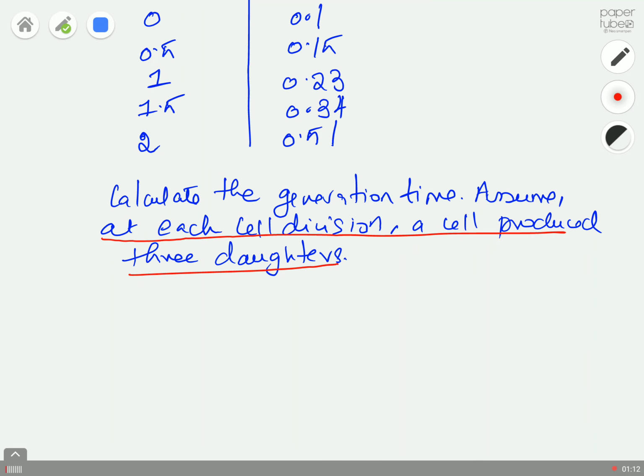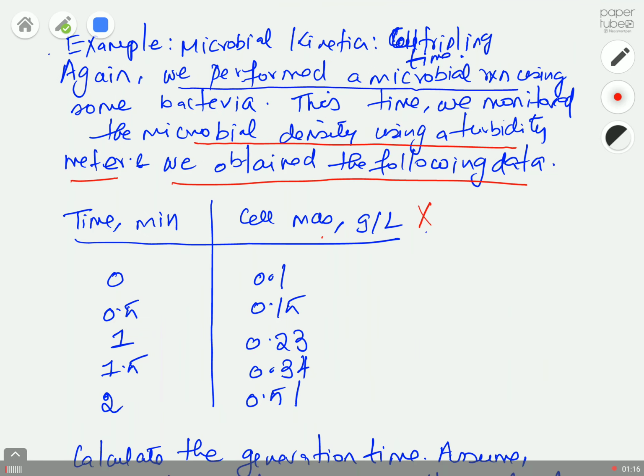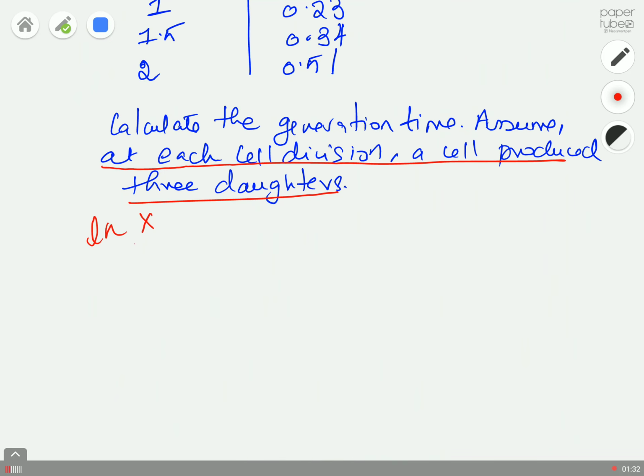So how to do this? We have cell mass, so let's say X grams per liter. That's the notation we always use to represent the microbial density or concentration. To calculate the cell tripling time, we need to follow the same rule. Let's assume the microbial growth follows the simple first order expression ln of X by X0.